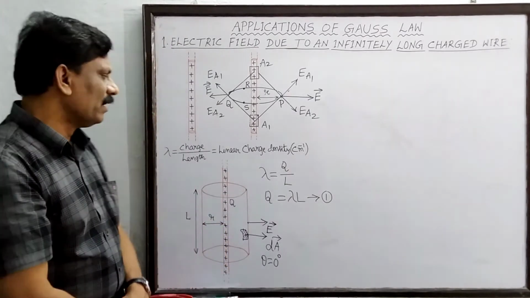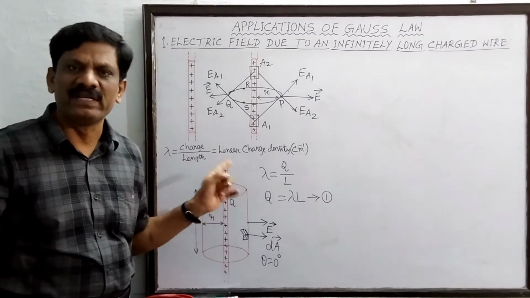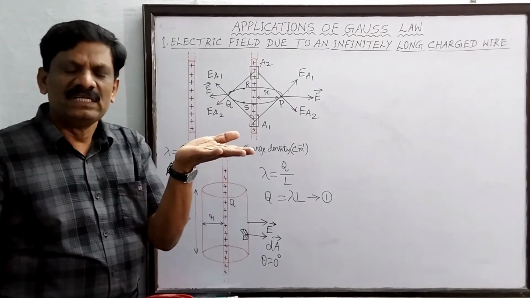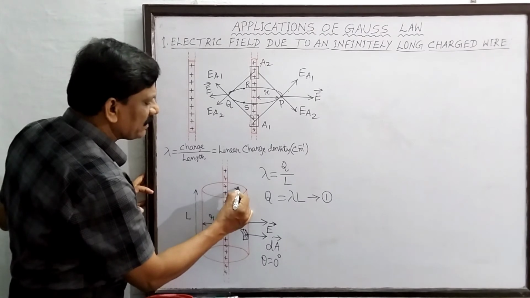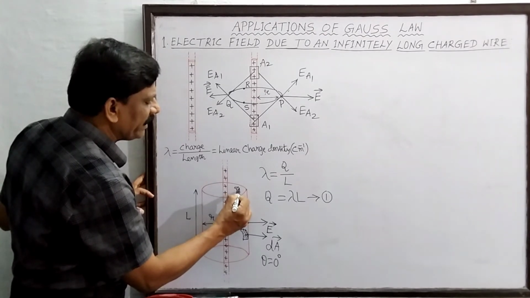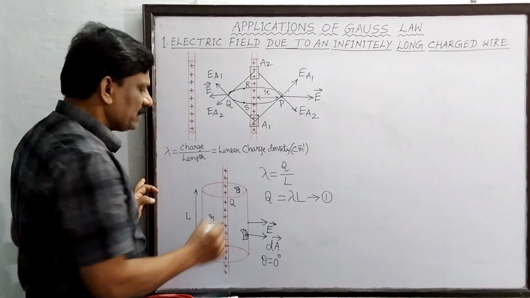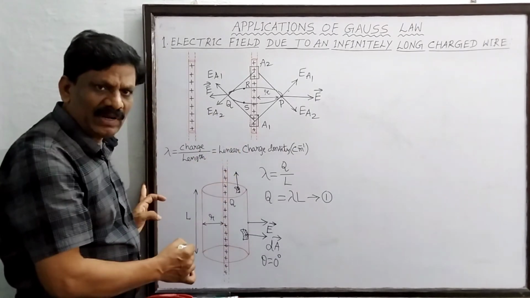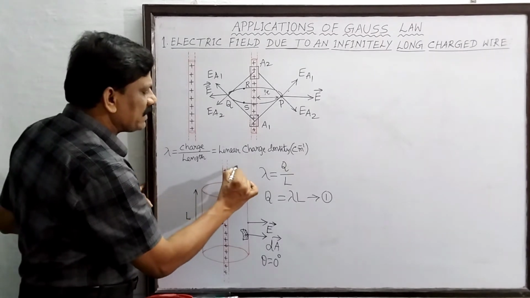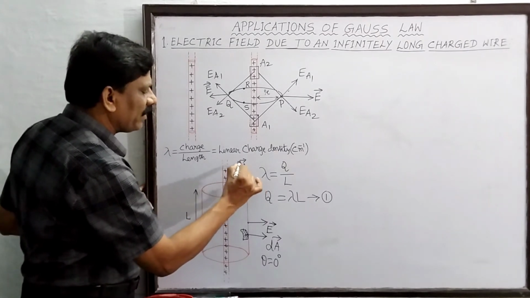Okay, students. Now I will take the top surface, which is circular in shape. On the top surface, I will take a small elementary area like this, dA. For the direction of the elementary area, you have to draw a normal to this dA. So this is the direction of the dA vector.